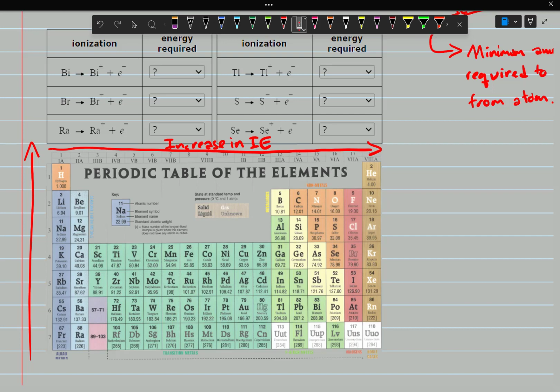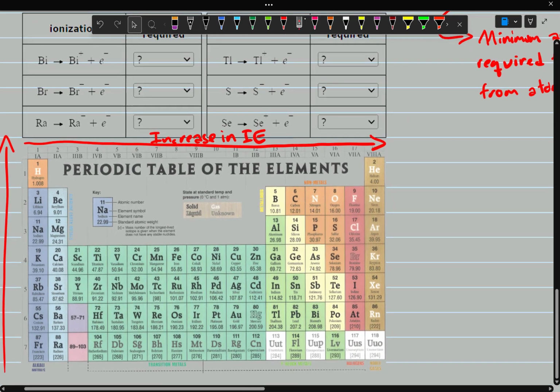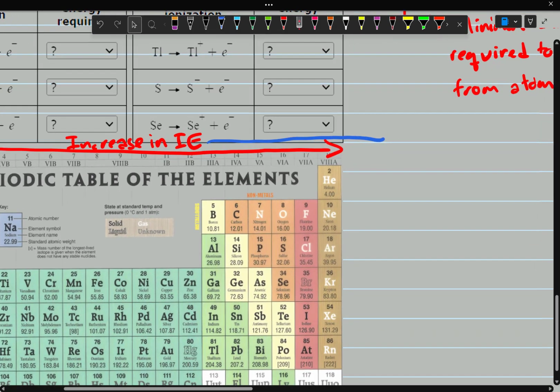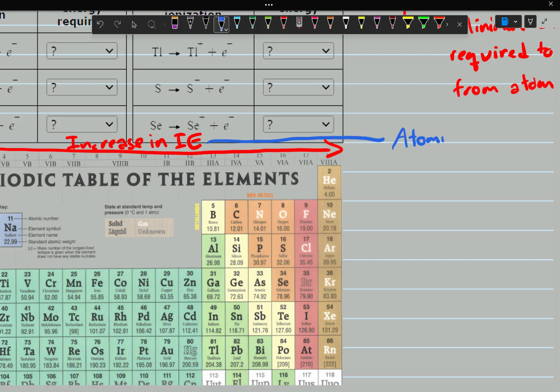So the force between the positively charged nucleus and the 2 electrons surrounding the nucleus is going to be extremely strong compared to something like francium. So it's no coincidence, therefore, that the increase in ionization energy is directly related to atomic size.